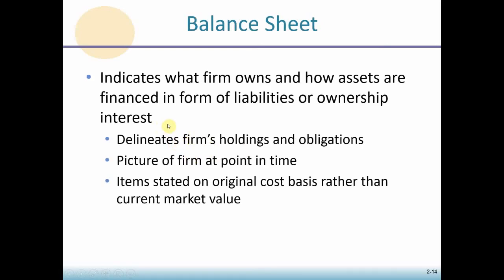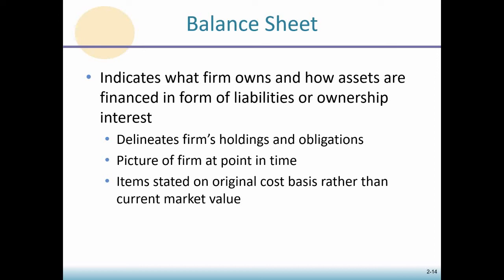So the balance sheet indicates what we own and what we owe. It delineates the firm's holdings and obligations, and it's a look at a company at a point in time, but items are stated at original cost basis rather than current market value, and those things could go either way. For example, real estate.